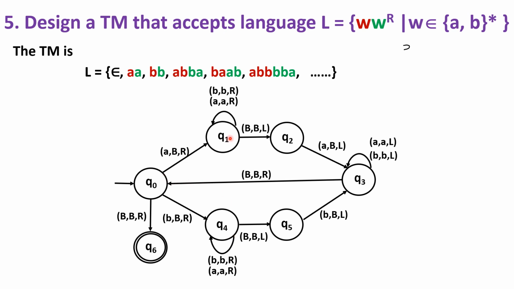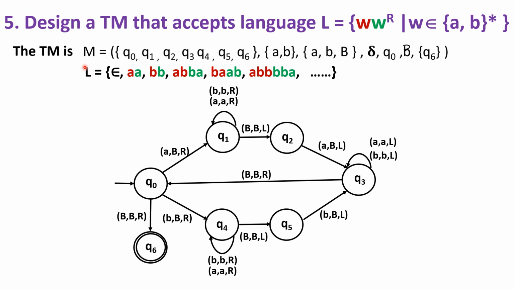Once all the A's and B's are over, Q0 after reading blank will go to the final state Q6. Hence, the final Turing machine M equals Q0, Q1, Q2, Q3, Q4, Q5, Q6, where the initial state is Q0 and the final state is Q6.